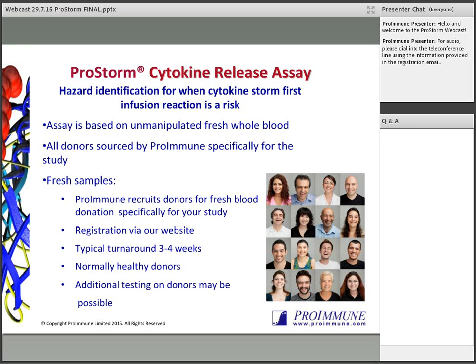They haven't taken any steroidal anti-inflammatory medications for 7 days prior to the blood draw, or any non-steroidal anti-inflammatory meds for 3 days. They also must not be taking any blood thinning medications or antibiotics. So the recruitment stage is quite a streamlined process and typically takes a maximum of 3 weeks for a 40 to 50 donor study.